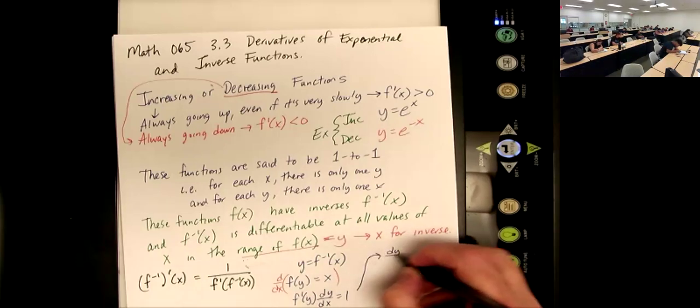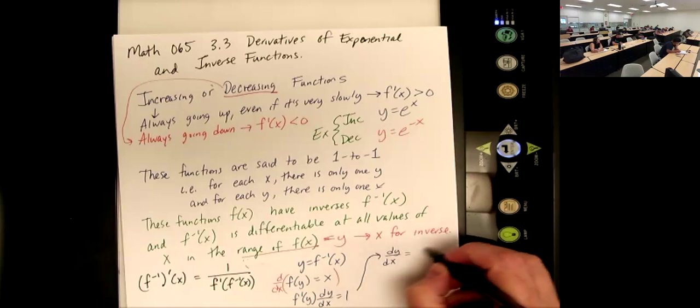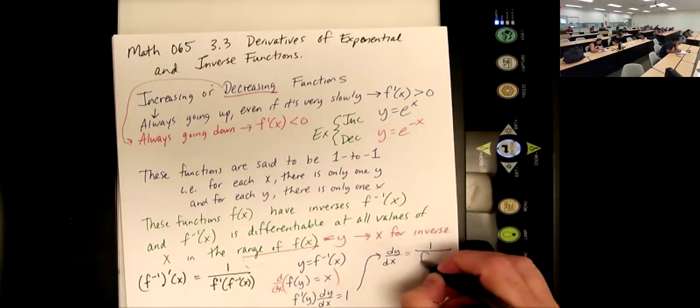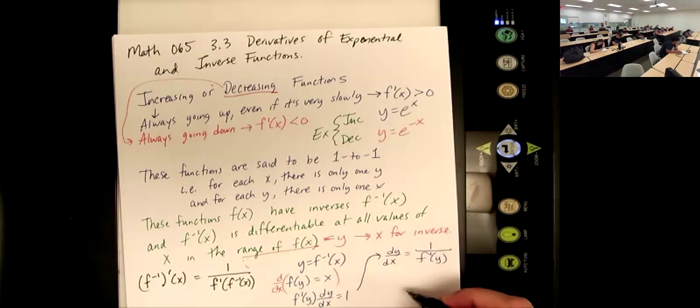So we divide both sides by f prime, and I get 1 over f prime of y. And finally, we plug y back in, and y was f inverse.